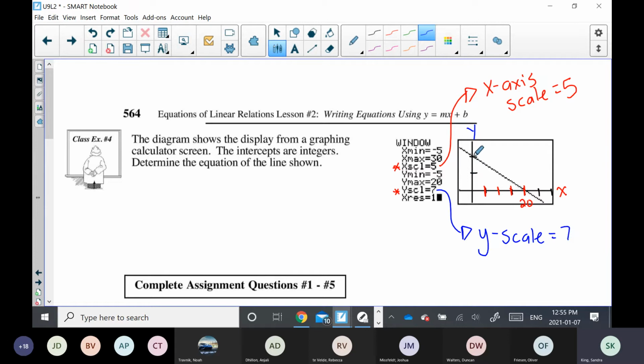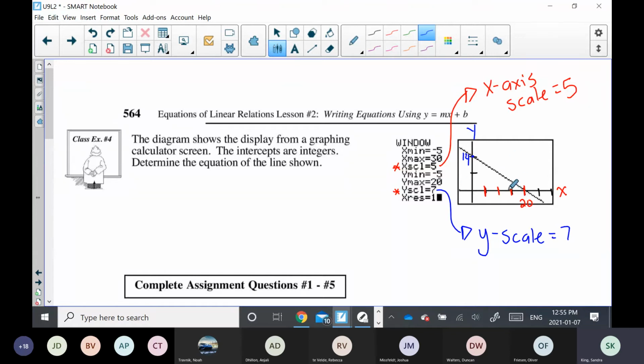So this is 7, and this would be 14. Okay? Based on that, they want a couple of things. Again, I would consider this to be more of a standard of excellence question, because this is the same stuff you're going to be doing in Math 30, dealing with these scales.